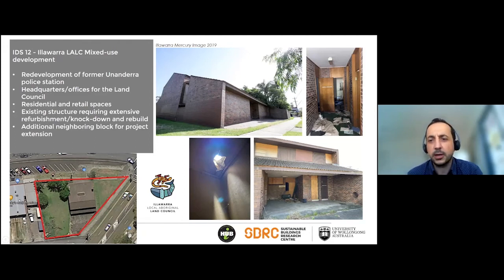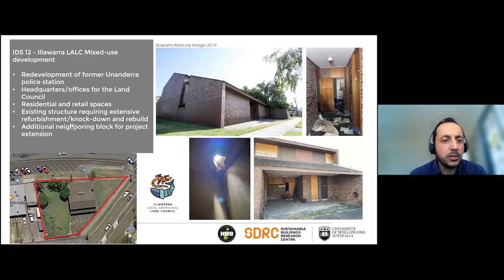This was in Unanderra near Wollongong, and this is the old police station in Unanderra, and the local council managed to get the site from, I don't know where, the government, I guess.